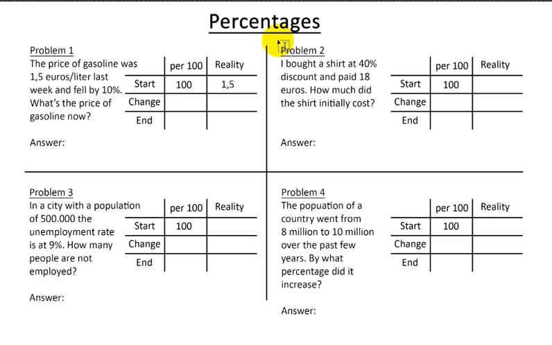That's the beginning reality. That's the actual price in the beginning. And we also know that it fell by 10%. So the percentage change is 10%. So in the end, instead of 100%, which it was in the beginning, it was what? The difference between these two. So 90%.